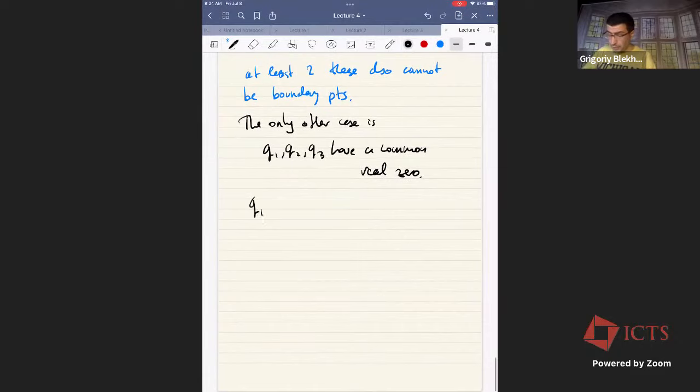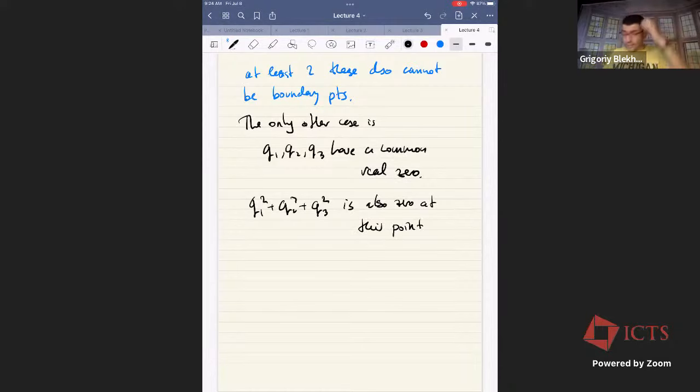But then if we look at Q1 squared plus Q2 squared plus Q3 squared, because Q1, Q2, and Q3 are 0 at some point, Q1 squared plus Q2 squared plus Q3 squared will also be 0 at this point. And this means that Q1 squared plus Q2 squared plus Q3 squared lies in the boundary of the cone of non-negative polynomials. Because as we discussed, what is the boundary? These are things with real zeros.